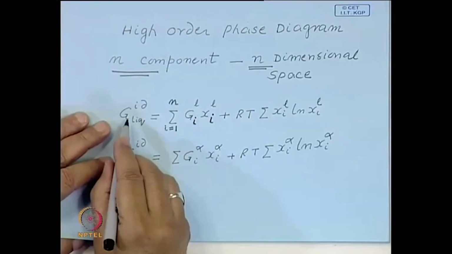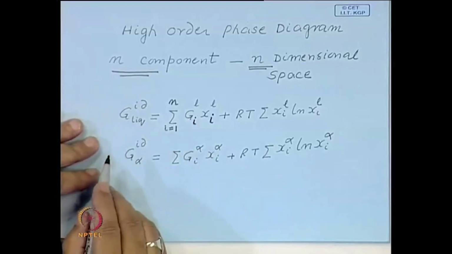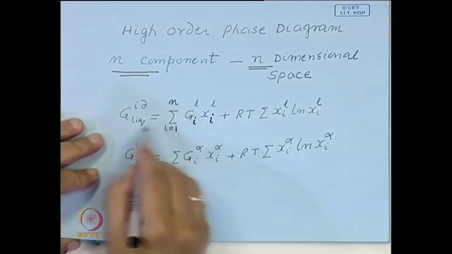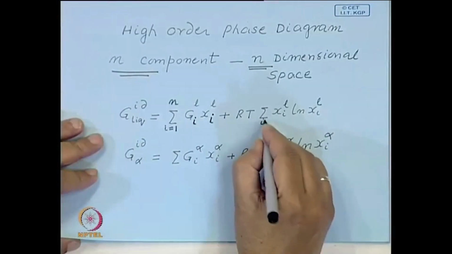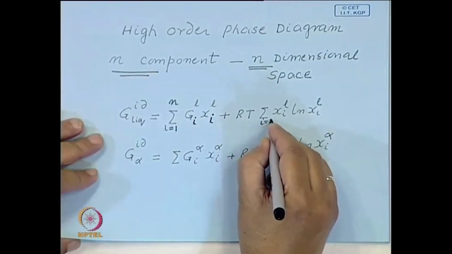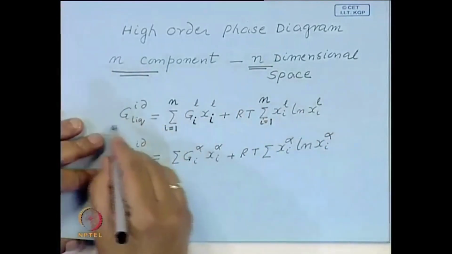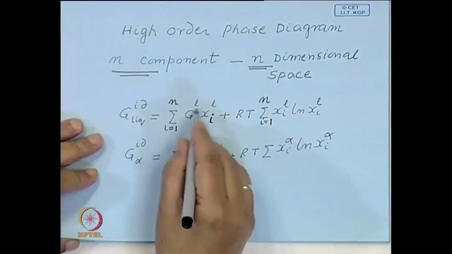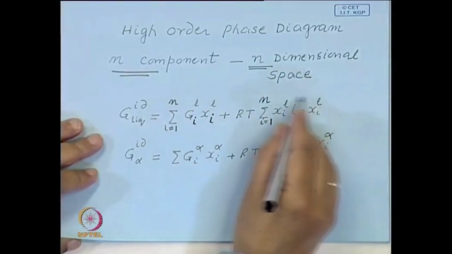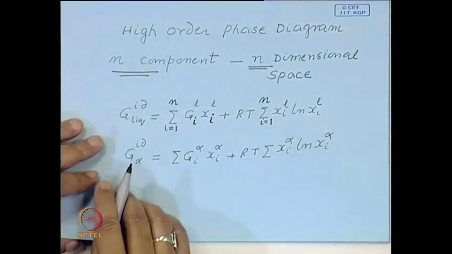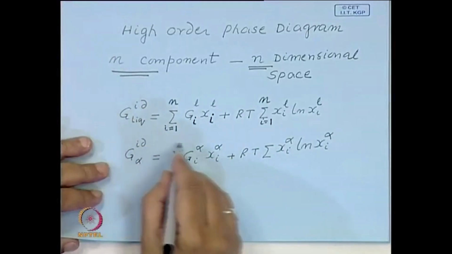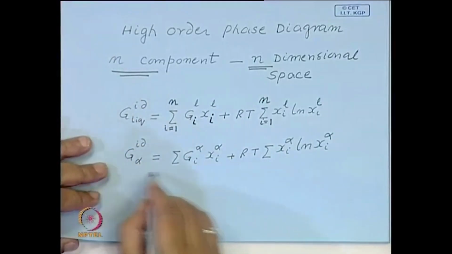If we assume the solutions are ideal solutions, then we can say that the free energy of the system, that mixture, will be represented by these. These are the standard state free energies, this is the free energy of mixing. Similarly, you will have a similar expression for the solid.